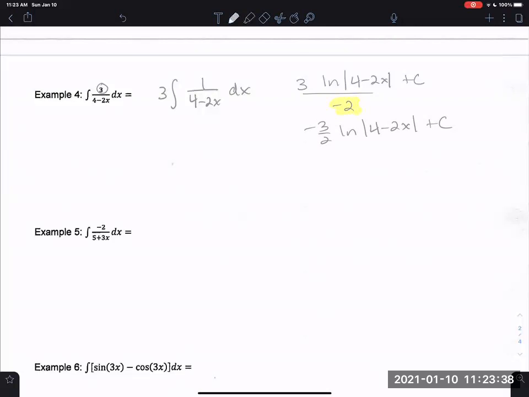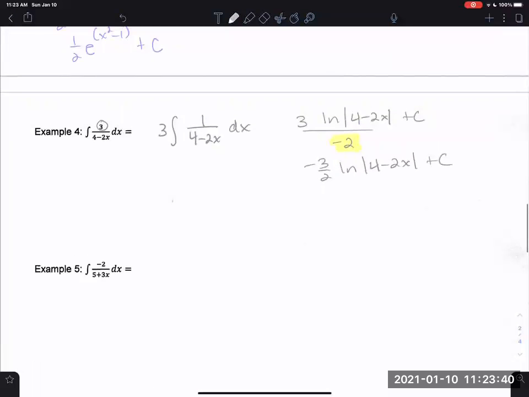So let's do this one using u substitution, and again, it keeps us from having to forget that piece. So u is going to be equal to 4 minus 2x, du is equal to -2 dx. And again, by saying I only need dx, I don't need the -2 part.